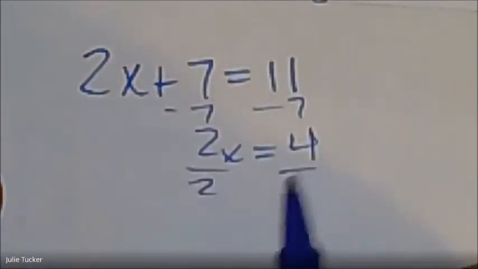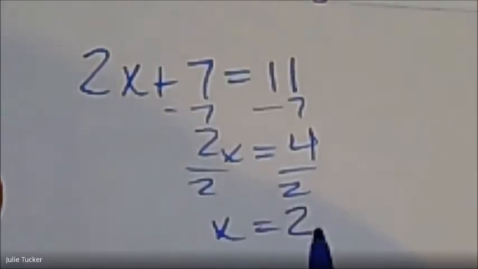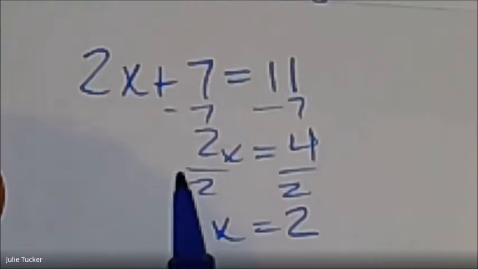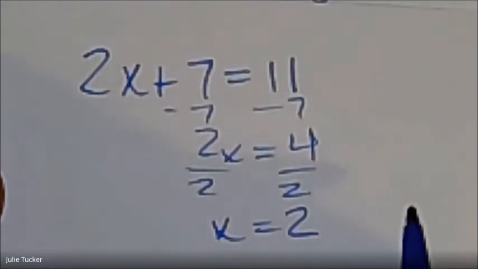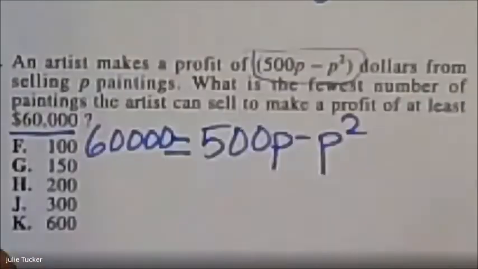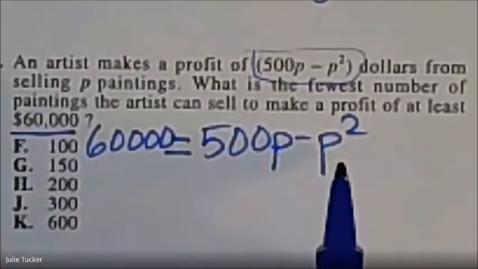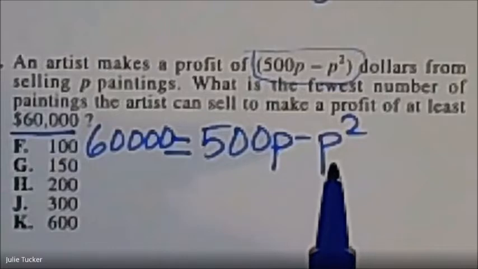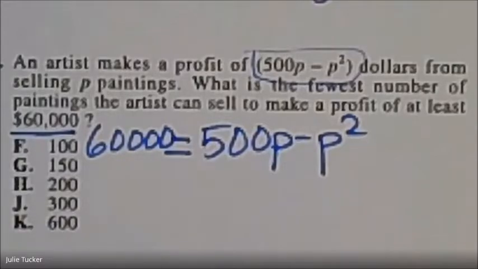And then you divide and you get the number and you're done, right? You want the variable over here, you want the numbers over there. That's because it's linear, right? This is not linear. What is this? It's quadratic.